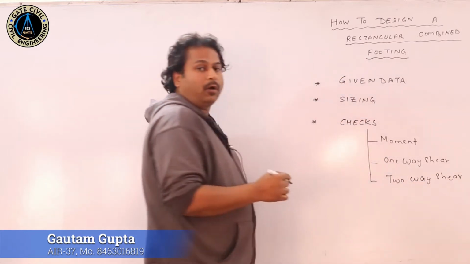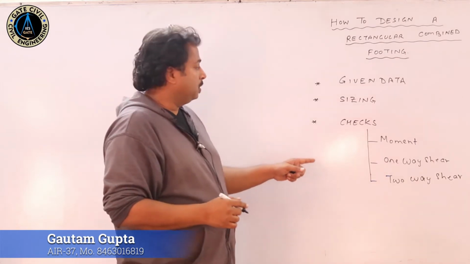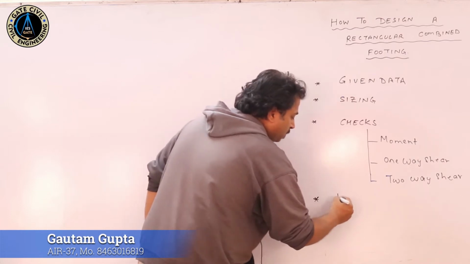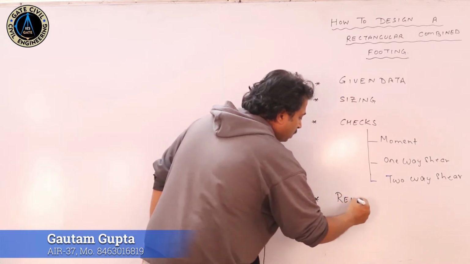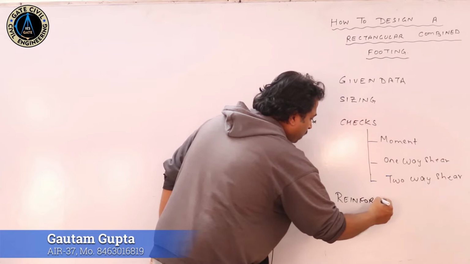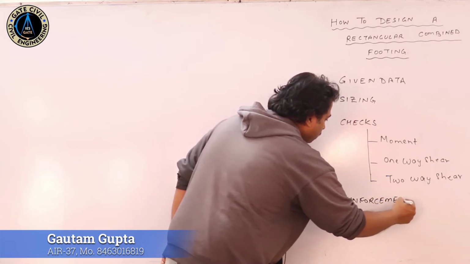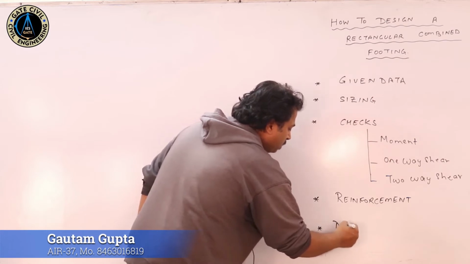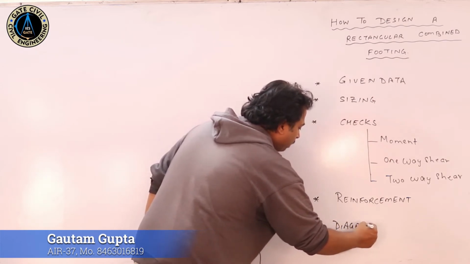Two-way shear is also known as the punching shear. Then reinforcement, and finally the diagram.